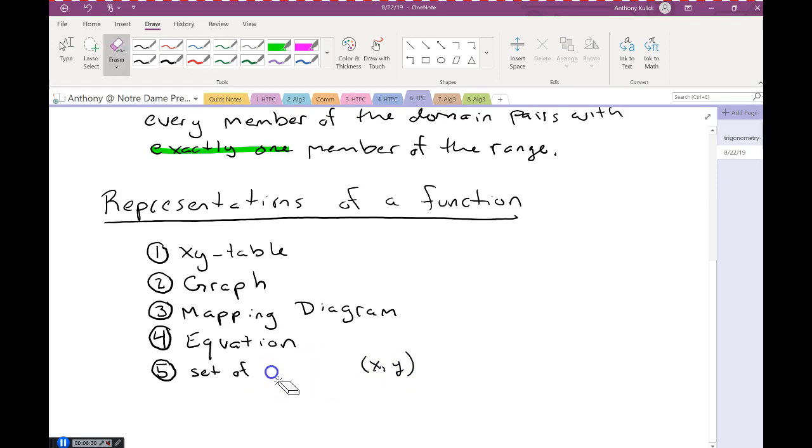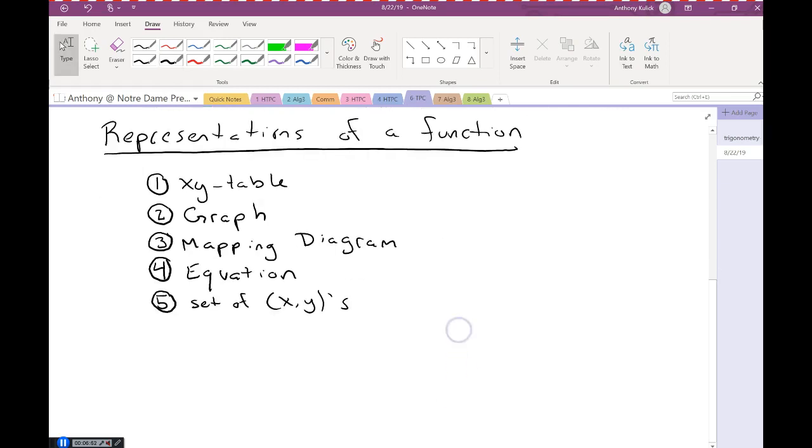Oops. Maybe I'll just say a set of XYs. I don't need to say ordered pairs. Does that jog a little bit of memory here? We'll do some examples looking at each of these types. If you're still not really sure what some of those things are, that's okay. So let's look at some examples.